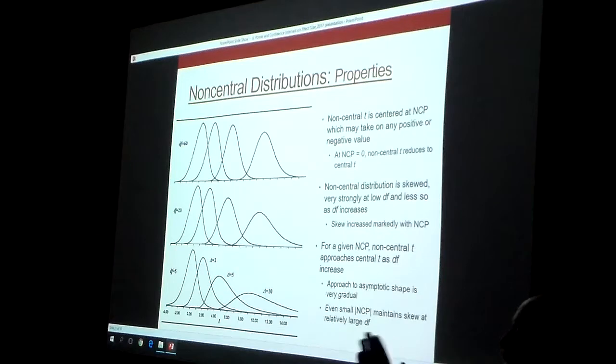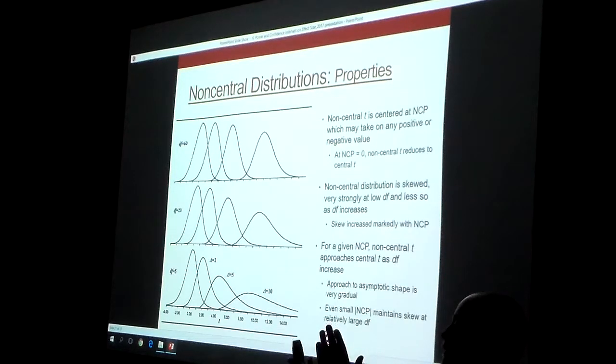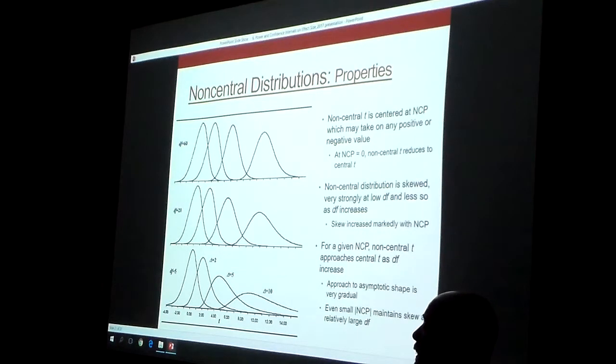But as we start to drag that center value to the right or to the left, it ends up skewing our distribution. And so our non-central distribution we know is skewed very strongly at low degrees of freedom and less so at higher degrees of freedom. Okay, and this skew is increased quite a bit with increasing non-centrality parameter.